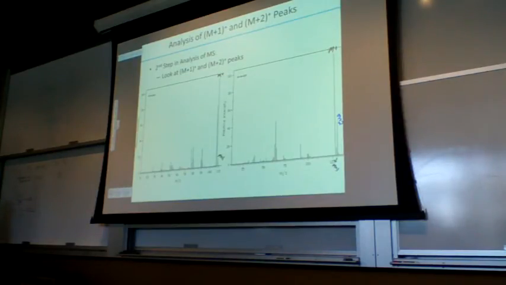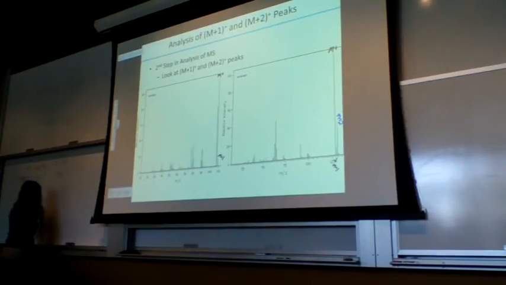So 1.1% of your molecules that contain carbon are going to have a mass of M plus 1. This gives us the approximate number of carbons.